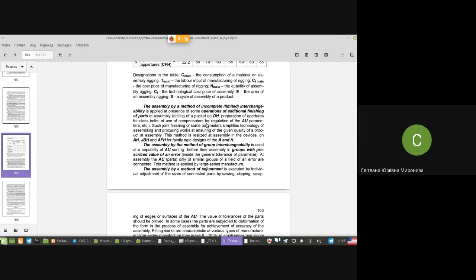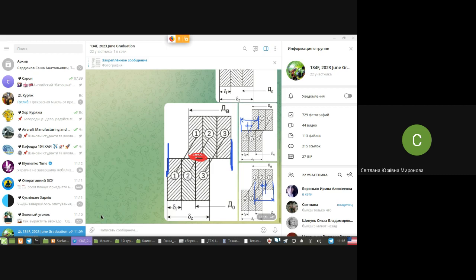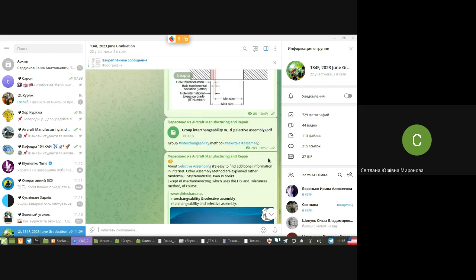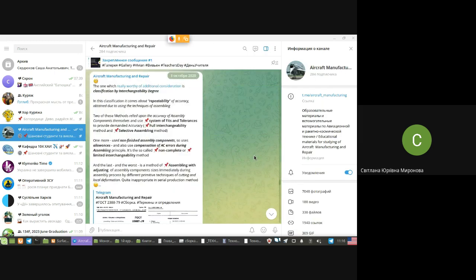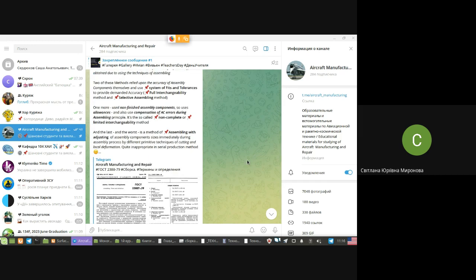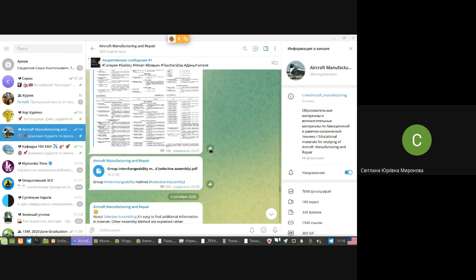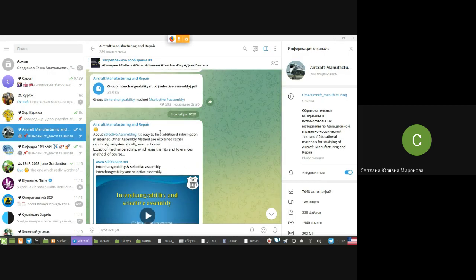In terms of their comparison, here it's a bit explained. I hope you see. In the Telegram explanation, you also have a little bit, now with classification by interchangeability degree, you see. And in addition, you have a little bit more that I found about selective interchangeability or this group assembling, no? Group interchangeability. You have a movie and you have an article to read.